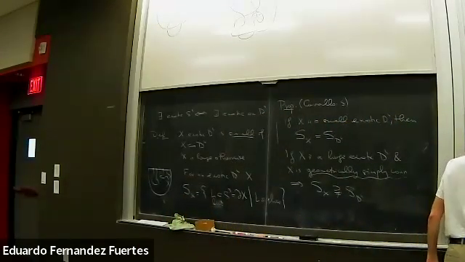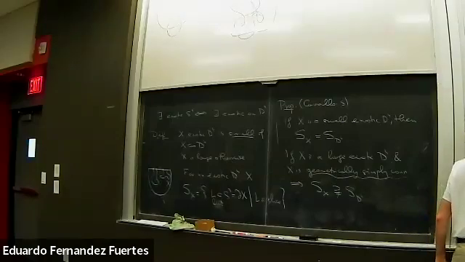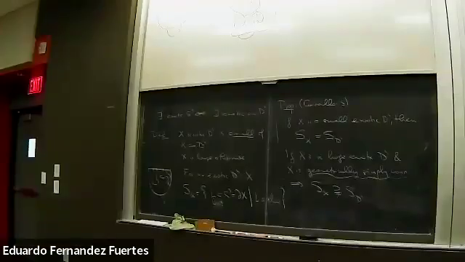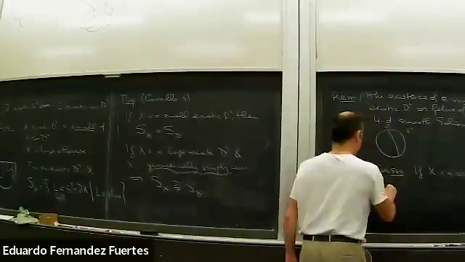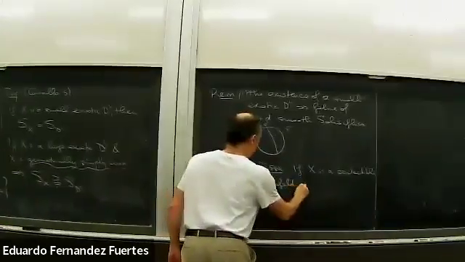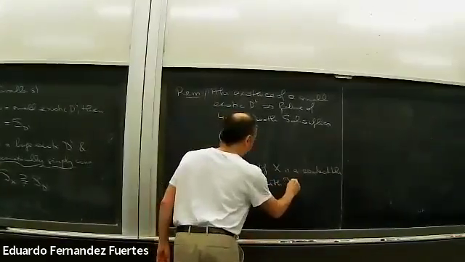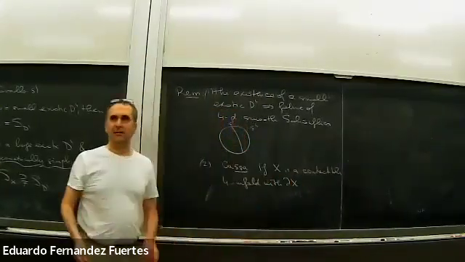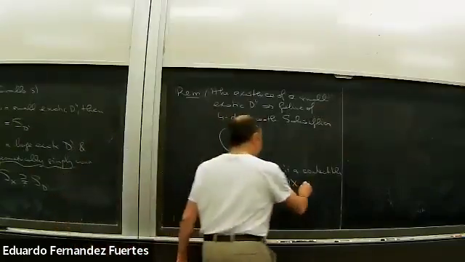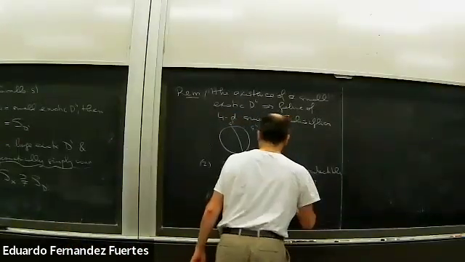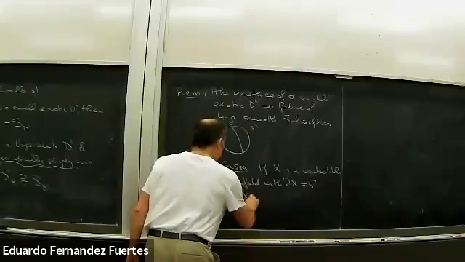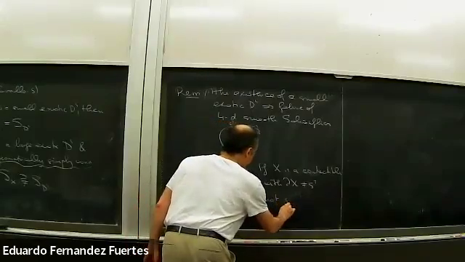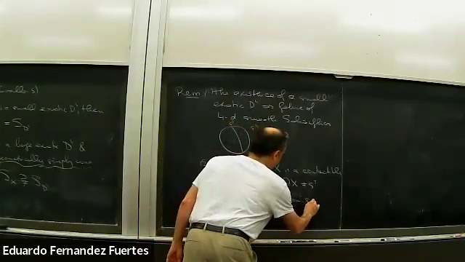There is an observation of Casson saying that if X is a contractible four-manifold with boundary, so I always assume that it is compact, it has boundary, and the boundary is not S3, then X is not geometrically simply connected.